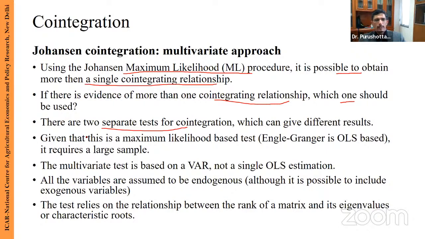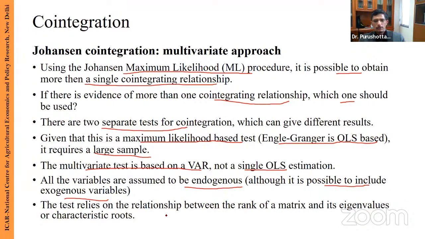Given that this is a maximum likelihood based test, while Engle-Granger was OLS based, it requires a large sample. And the multivariate test is based on a VAR, not on a single OLS estimation method. All the variables are assumed to be endogenous, although there is a possibility to include exogenous variables also.